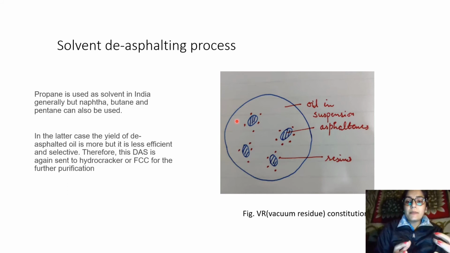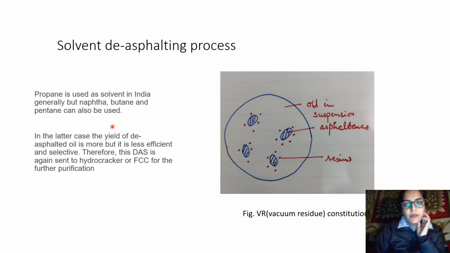Going back to class 12th, like dissolves like. So what we'll do is use a solvent, for example propane, which will dissolve the oil, and the asphaltenes and resins will settle down. This is the basic principle, so simple: like dissolves like. Propane is generally used in India, but naphtha, butane and pentane can also be used. Why are we not using methane?